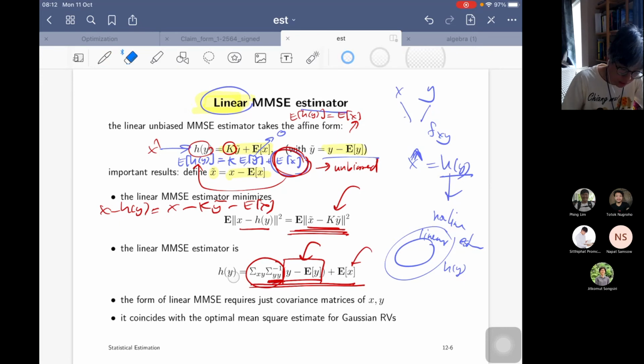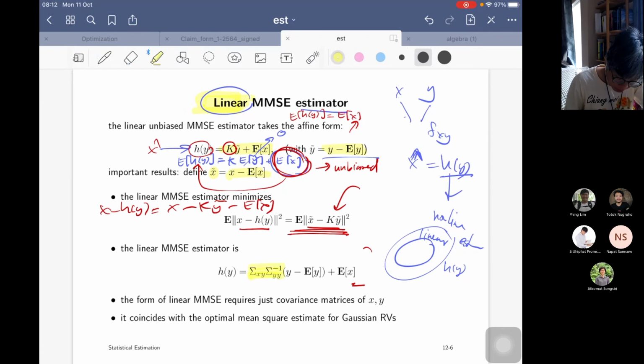So the main important result we need to show is that the gain K is given by this yellow matrix.